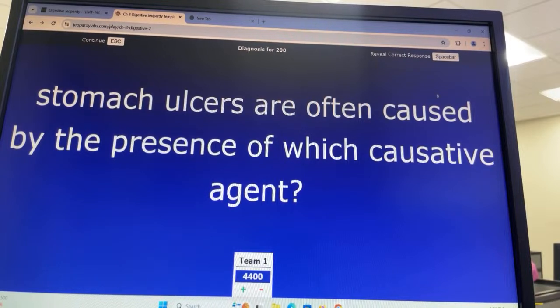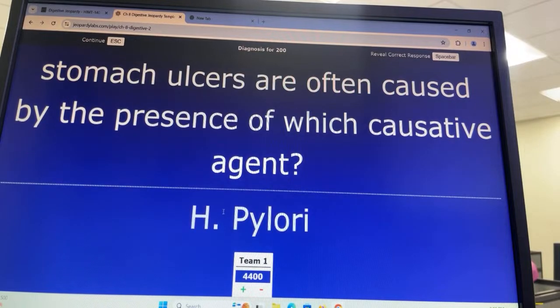What I'm asking about is the causative agent, like the pathogen itself. When they say a causative agent, they mean a virus, a bacteria, or a fungus. H. pylori. The H stands for Helicobacter. It was funny because I had a student that called it helicopter pylori. It's Helicobacter, but yes. So H. pylori is a bacteria that causes those ulcers.